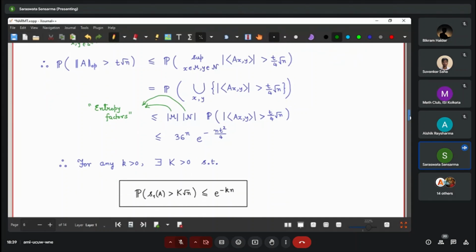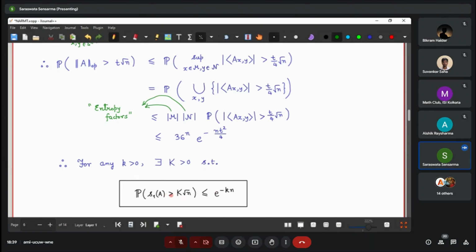So taking t appropriately, I can of course show that for any positive k, I can take this exponential to be small enough, and so for any small k, there exists a capital K such that this result holds.